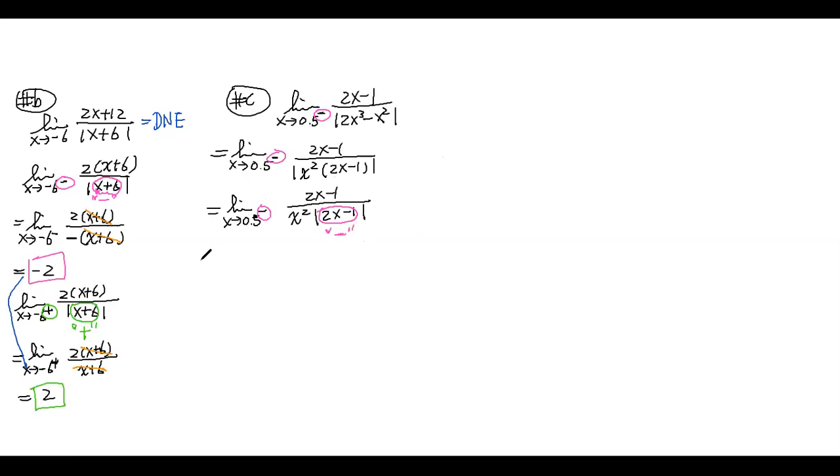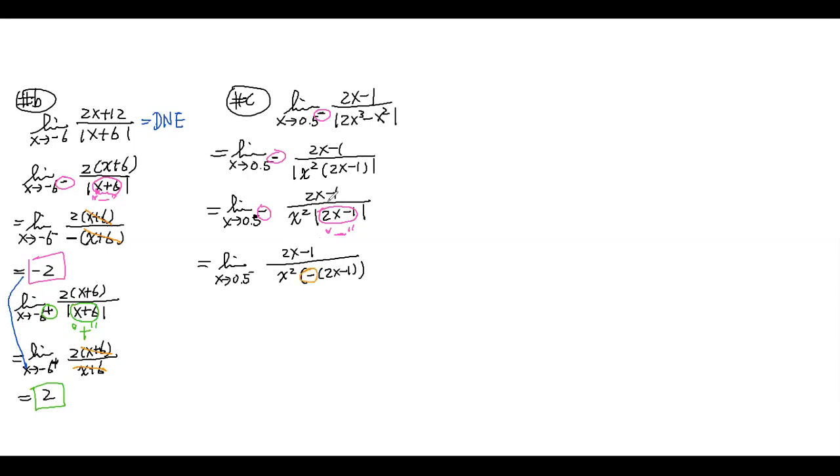Okay, so now because of that, if I break this, this is x squared, right? So this is 2x minus 1. Because this is always a negative value, when I break the absolute value, I need to put a negative sign on the 2x minus 1. This is how we break the absolute value.